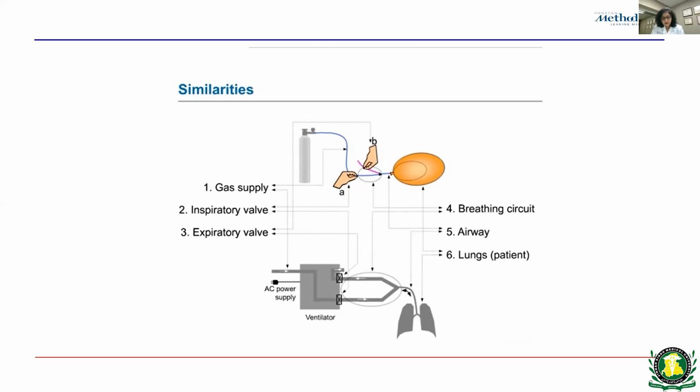Now, the hand A in the model, as I mentioned before, corresponds to the inspiratory valve. The hand B in the model corresponds to the expiratory valve. The blue and pink tubes between the white piece and the two hands correspond to the breathing circuit. The balloon corresponds to the airway and the lungs of the ventilated patient.